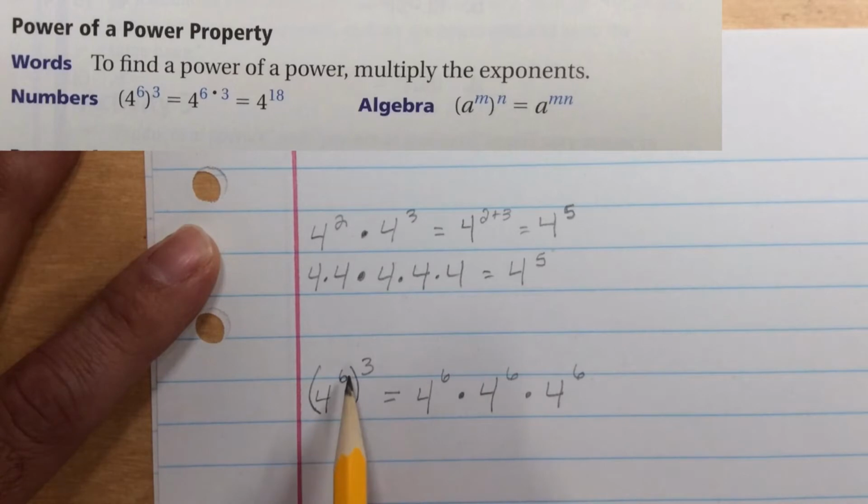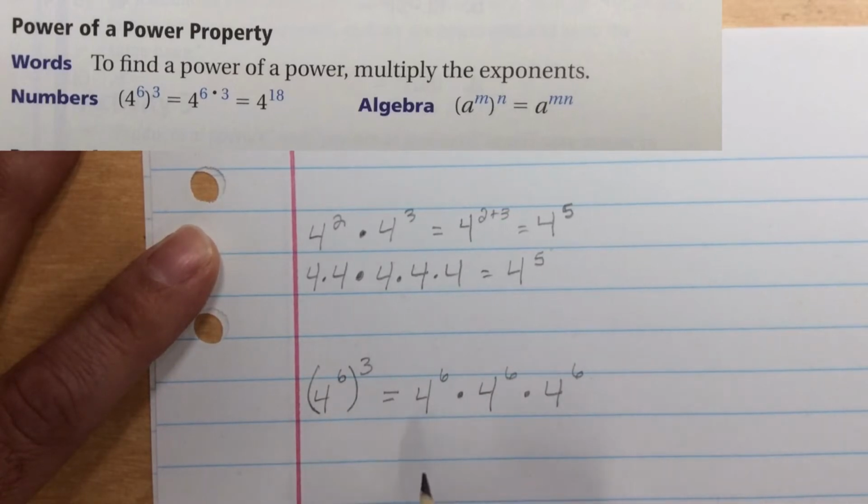Each thing in parentheses is multiplied by itself as a factor 3 times. Well, now we could just go back up to the product of powers property and just add these. That means we could have just multiplied these. But let's look at what this actually means.